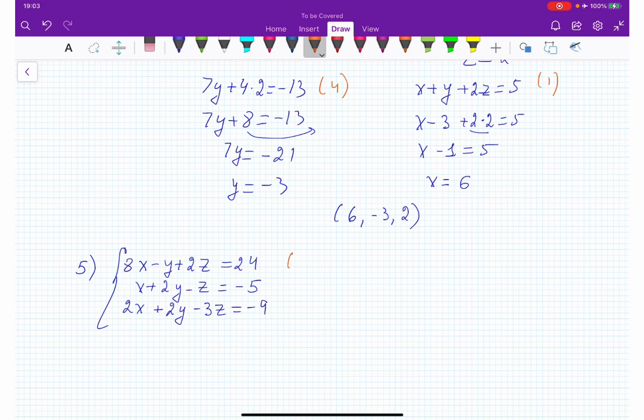So first one, second one, third one. Let's see which one I'm choosing. I'm going to choose second and third one this time.